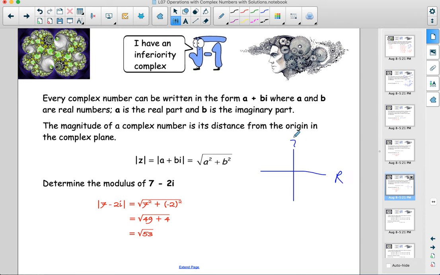You cannot plot in one dimension. You need 2 dimensions to plot complex numbers. Let's put something in this quadrant. Let's say this was negative 4, negative 3. This would be the complex number negative 4 minus 3i. And its modulus would be that distance from the origin.